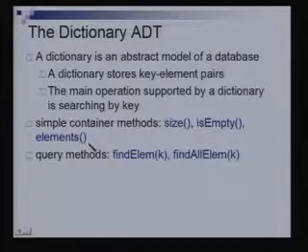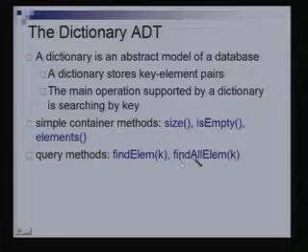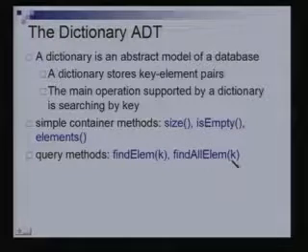Then we will have these query methods. Given a particular key, find the element corresponding to this key. In settings where you might have the same key associated with many different elements, and we will see examples of this later, then given a particular key, you want to return all elements which have that key.